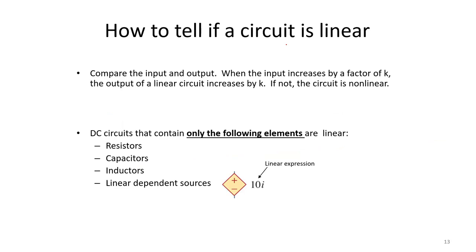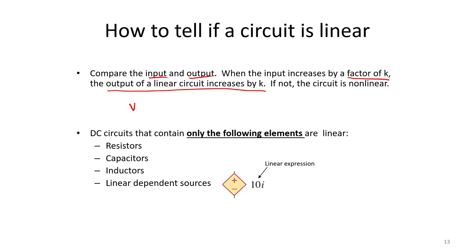So how do we tell if a circuit is linear? One of the first ways to check is to compare the input and the output. If we increase our input by a factor of k, the output of our linear circuit will also increase by a factor of k. If not, the circuit is nonlinear.